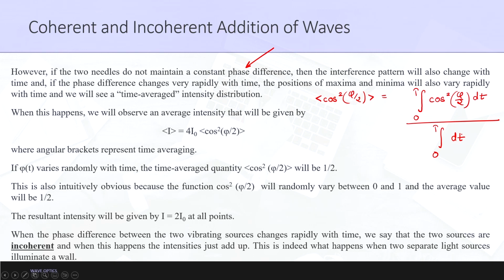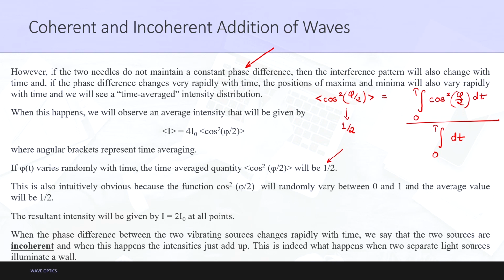Now when you try to calculate this, you will get the value of phi t which randomly varies with time, and the time average quantity is nothing but 1 by 2. So, when you calculate it, you will get this value as 1 by 2. This was one of the concepts I needed to explain to you.